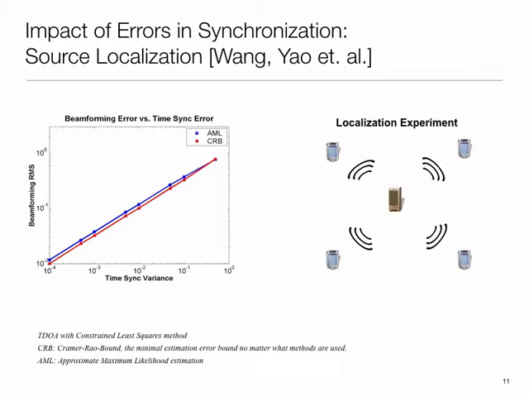So this is an example out of Professor Kong Yao's group long ago, where they were trying to synchronize mobile devices by having acoustic signals emanate from other things. What it shows is, as time sync varies, so does your error. So localization and time synchronization go hand in hand.